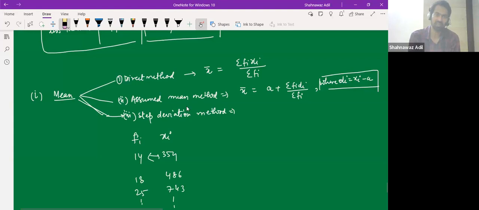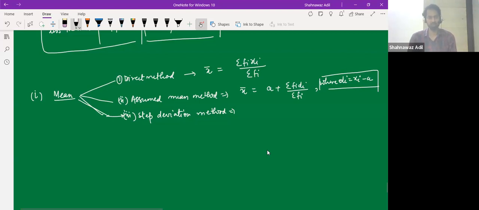We have seen that in fi di these are still larger, but fi ui are the smallest ones, right? Okay, so if they are saying that, they must be giving small numbers questions, right? But in a step deviation method, if you get larger numbers, then you can apply it, right? Then you use this step deviation method.